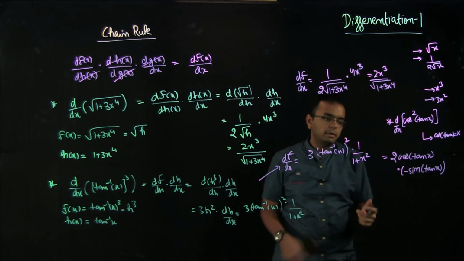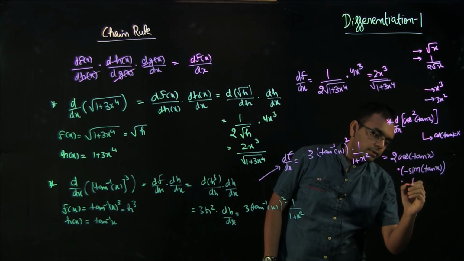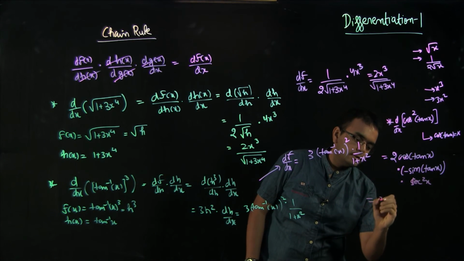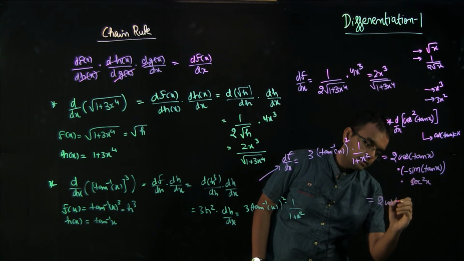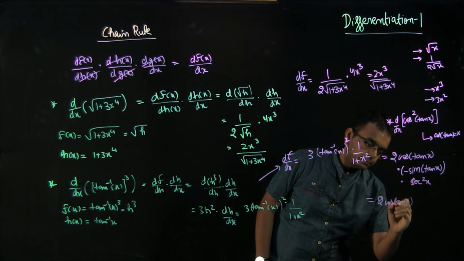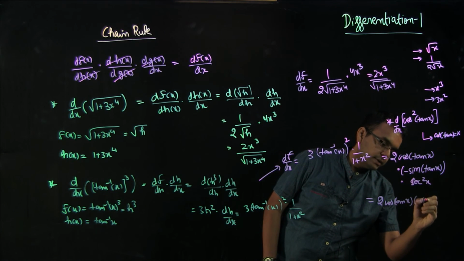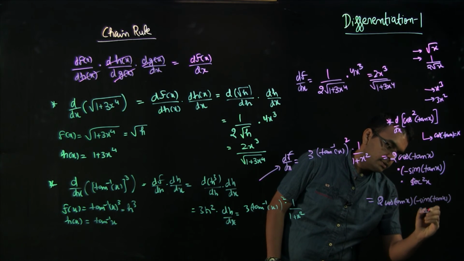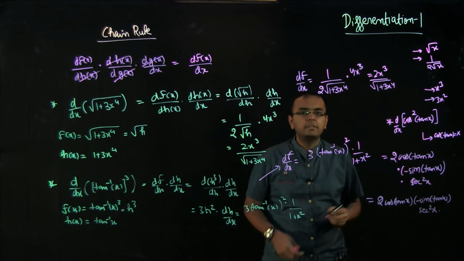So the derivative of tan x is sec square x. So the answer is 2 cos tan x into minus sine of tan x into sec square x. I hope this makes sense.